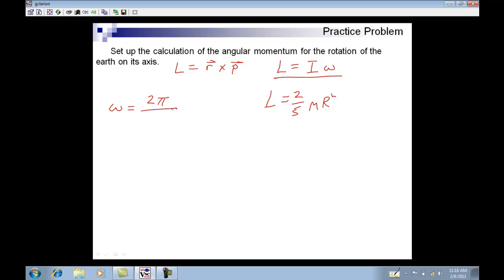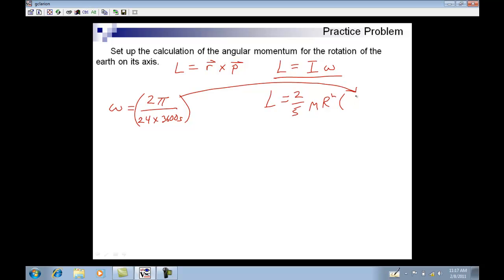We need to figure out how many seconds that is. For the Earth to go around its axis, we would need the period. That would be 24 hours times how many seconds? There are 60 seconds and 60 minutes, so 3,600 seconds. I would take this value and plug it in here.